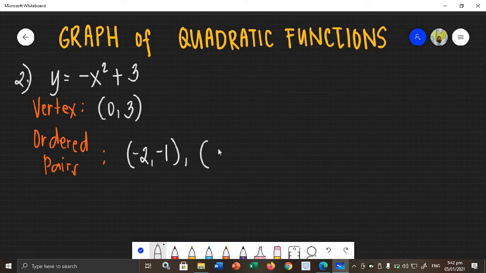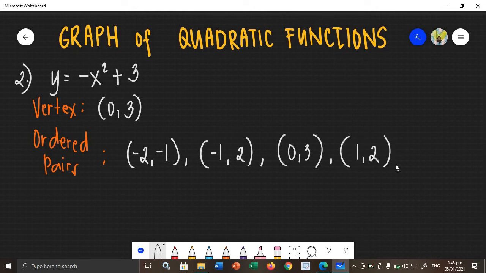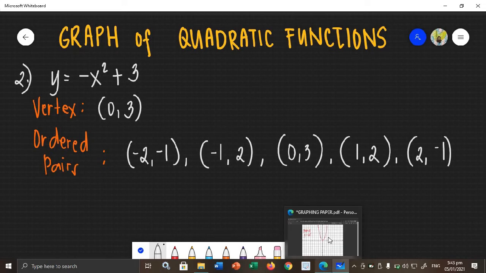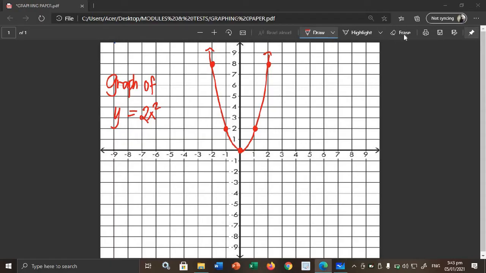And then -1 and 2. And then the vertex is at 0, 3, and then 1 and 2, and then 2 and -1. So these are the ordered pairs that we need to plot. Okay? So right after getting that, you may now start plotting those ordered pairs in the Cartesian plane.